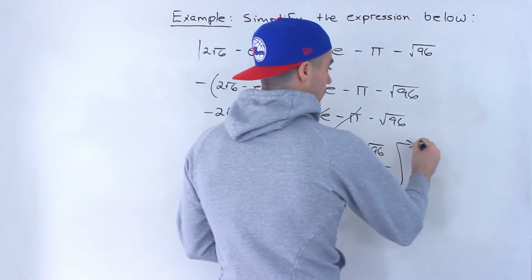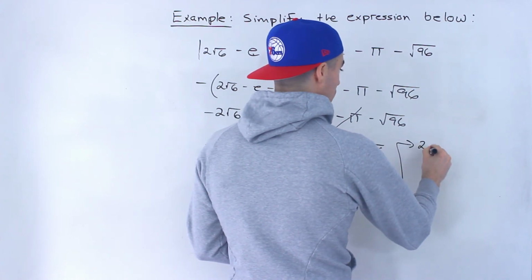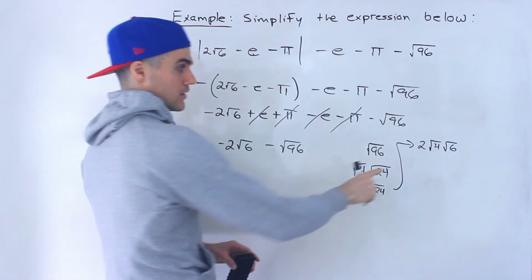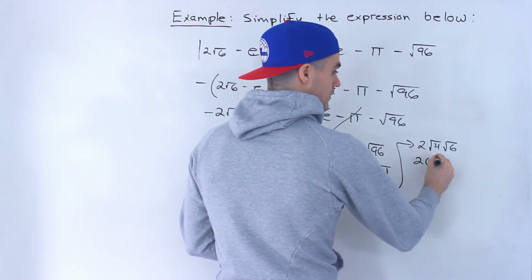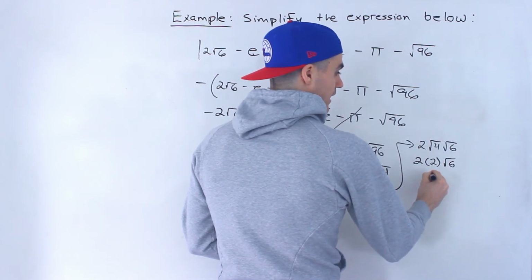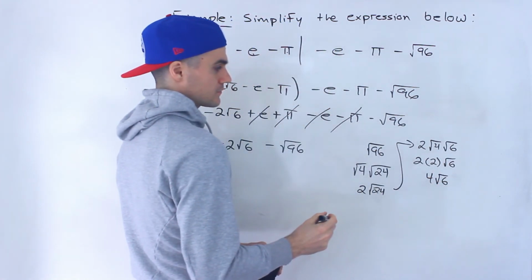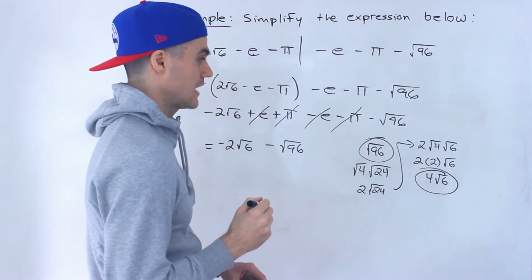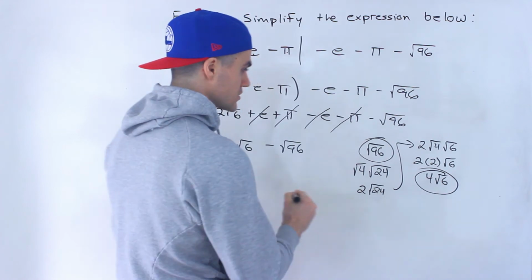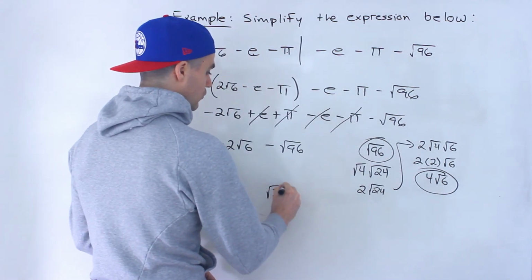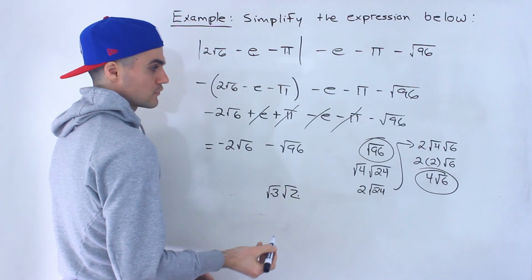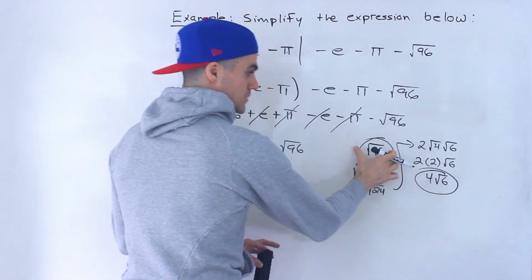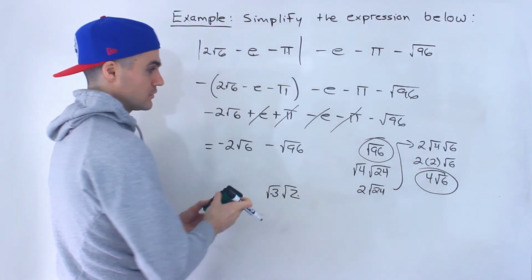And then root 24 we can rewrite as root 4 times root 6, and root 4 is 2. So we'd have 4 root 6 over here. So 4 root 6 is the same as the square root of 96. We can't simplify this any further because the root 6 would be like root 3 times root 2, but none of these are perfect squares. So 4 root 6 is the furthest we can take this radical.